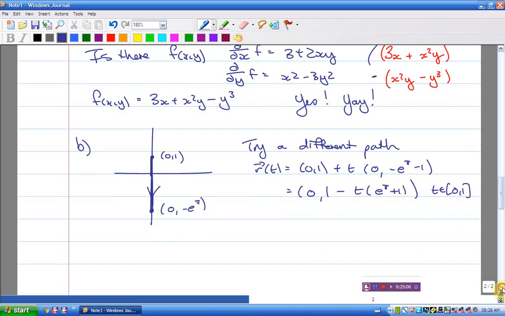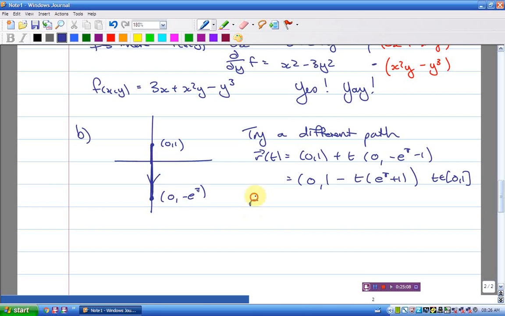So that's the different path, and that makes life a lot easier because the r dash of that is not something full of product rule. It's just 0 and minus e to the pi minus 1. So that's the thing that's going to end up going in my dot product. And it's got a 0, which is also nice for dot product.